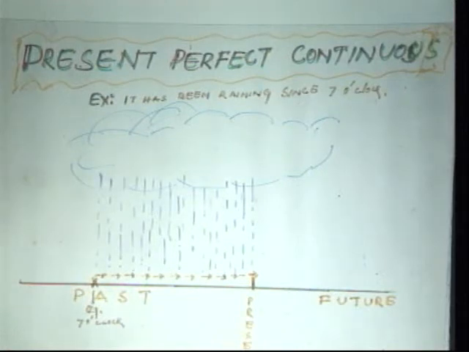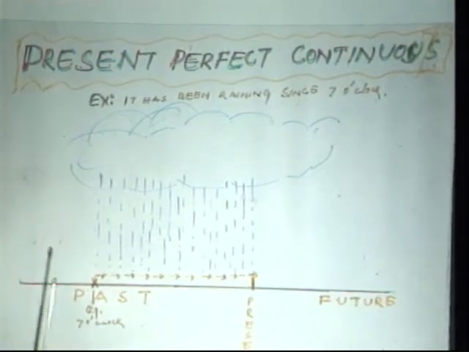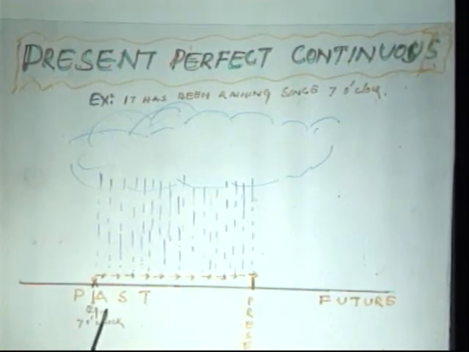So the present perfect continuous tense has its own function, especially you can watch it here. On a line we are representing it, that is, we have made it into three parts: the past here, the present here, and also the future here. See, a cross mark you can see.